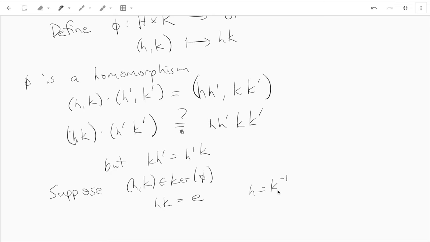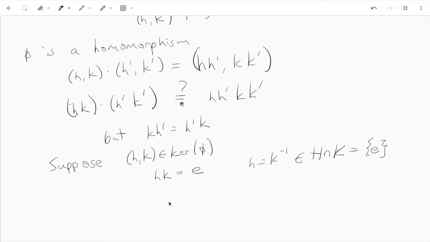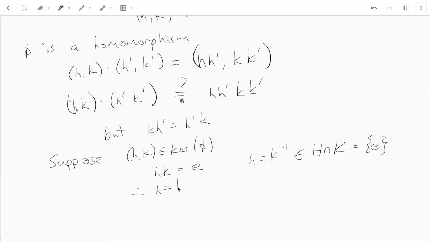Now h is in H, and k inverse is in K, so h is in H but also in K. So it's in H intersect K, which we've already seen is trivial. So h is trivial, k inverse is trivial, so h equals k equals the identity. Therefore (h, k) is just the identity of H cross K. So phi is one-to-one.